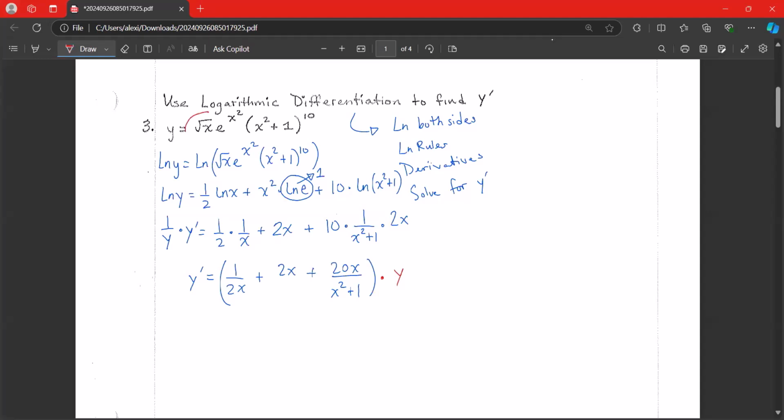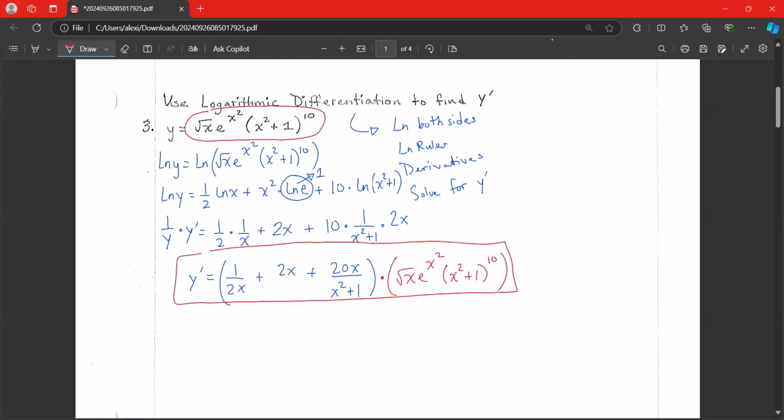But we remember that y was equal to the square root of x times e to the x squared times quantity x squared plus 1 all to the 10th power. So the last thing we're going to do is replace the y. And there's our final answer.